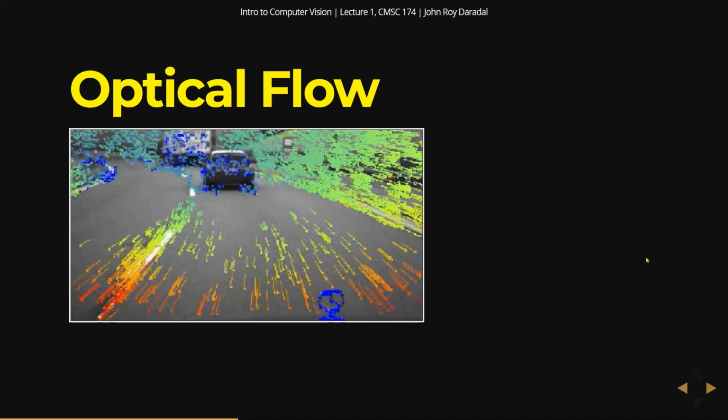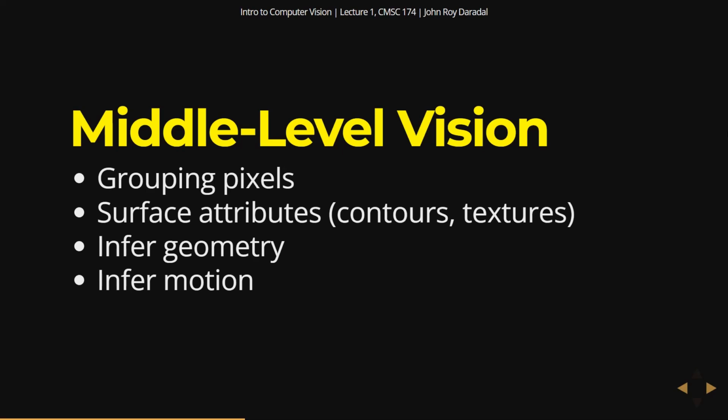And then you also have optical flow, which basically detects the part of the image that is moving in a video. If you see it here, the points that are colored indicate that there is motion from the previous image to the next image. That's optical flow. So that's low-level vision, basically just on a per point or per pixel basis. Now for mid-level vision, we move up one step, and instead of just working on individual pixels, we will group them together.